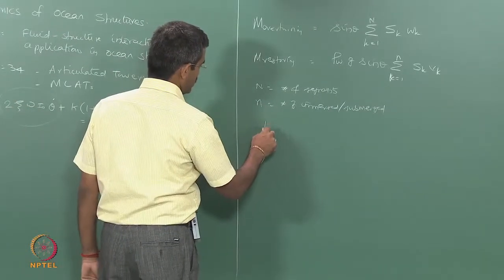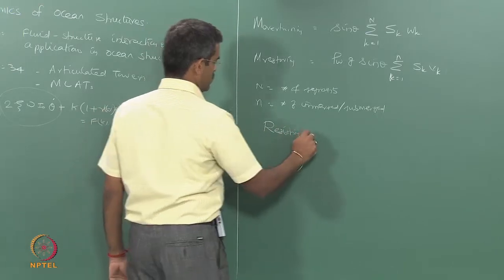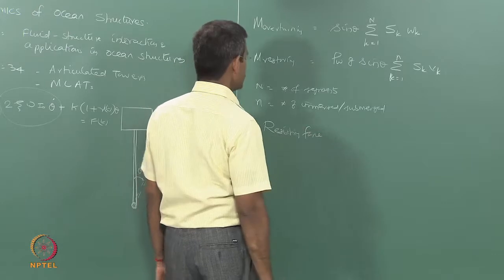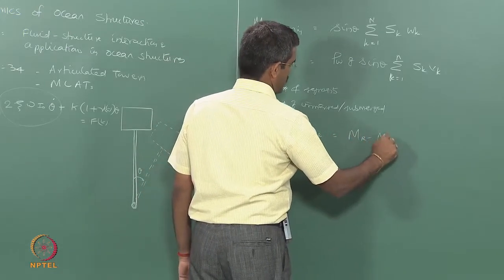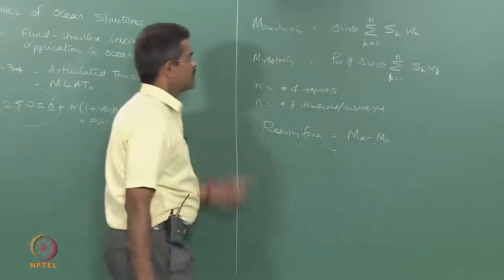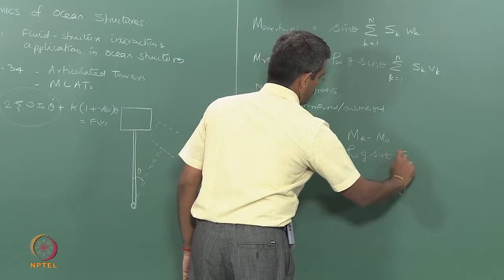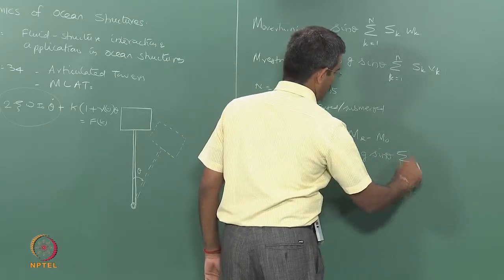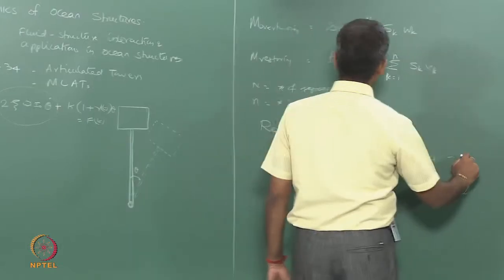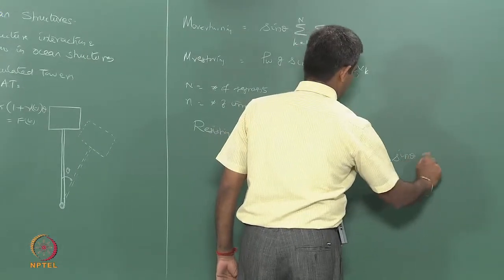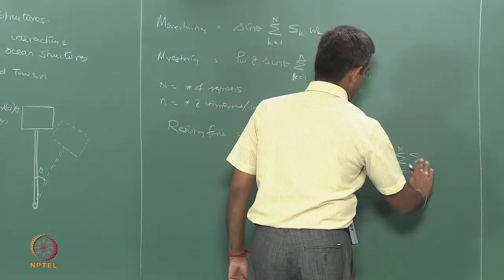Therefore we should say the resisting moment or the resisting force is the restoring component minus the overturning component, which is rho Wg sin theta summation of k equals 1 to small n SKVK minus sin theta summation of k equals 1 to capital N of SKWK.